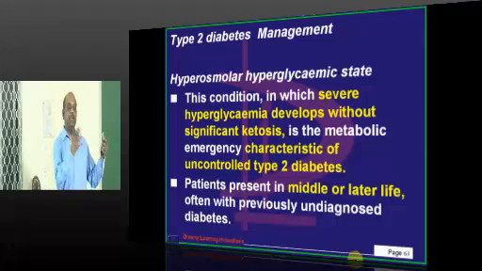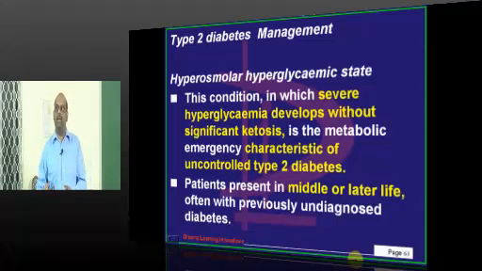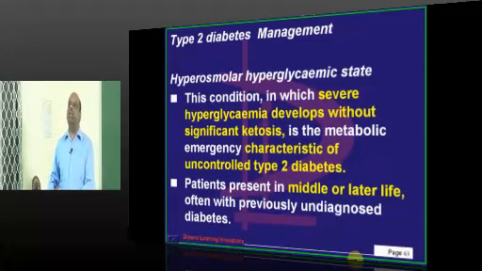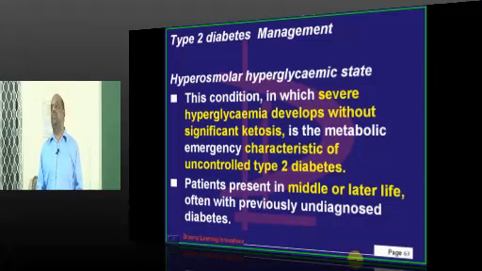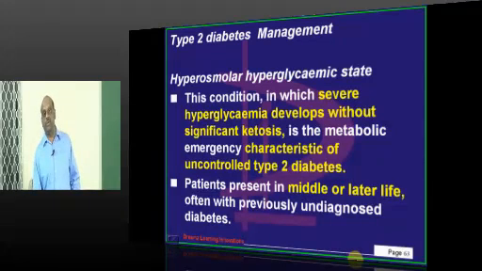But metformin's mechanism is not dependent on the release of insulin. It will go and act on the liver. So there is a reason the chances of developing a resistance to metformin are less likely than what happens with the sulfonylurea. I hope that answers Deva's question.